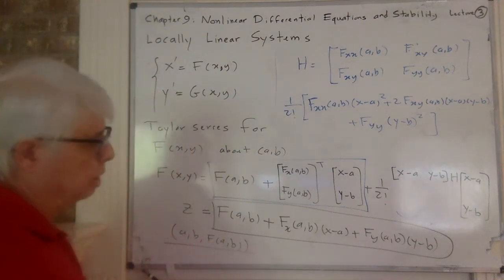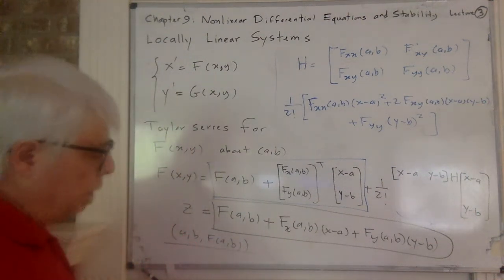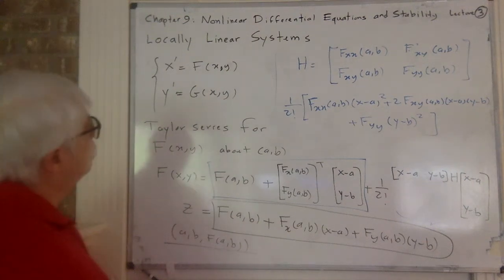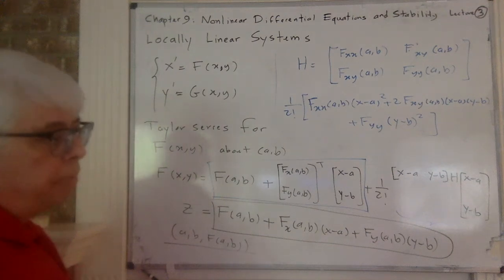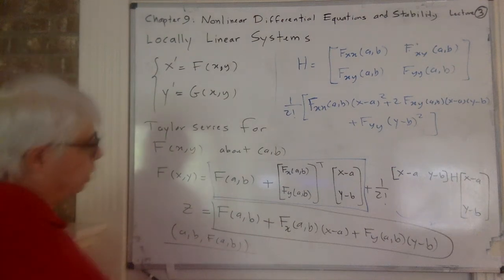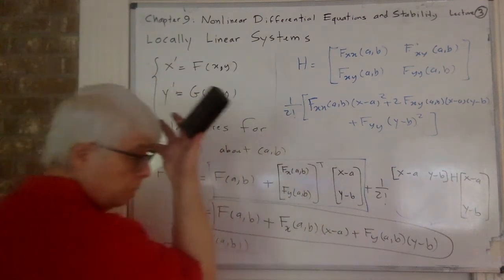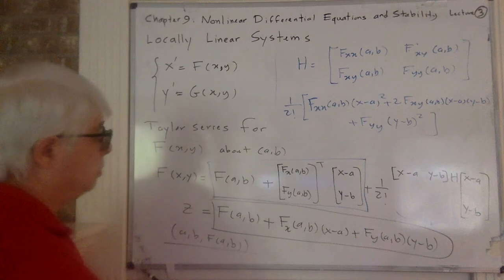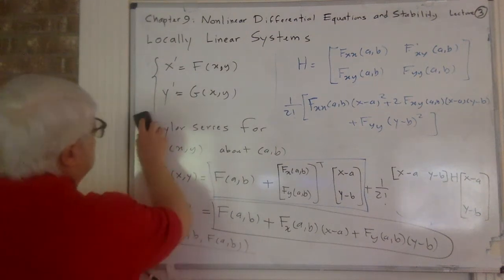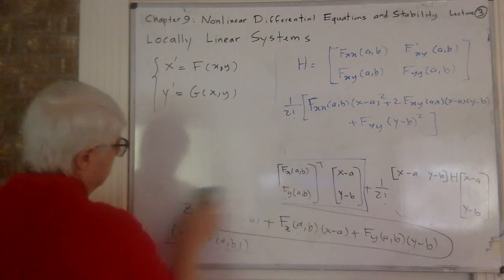We have a nice linear approximation to f(x,y) and g(x,y) about point AB. And instead of dealing with f(x,y) and g(x,y), we can deal with this. Okay, so let me write this in that format.